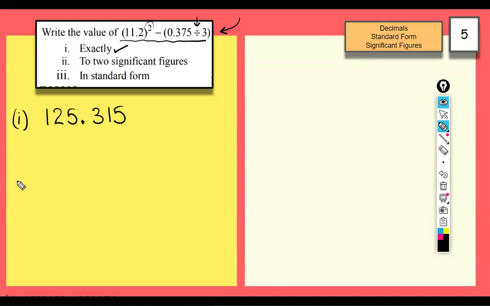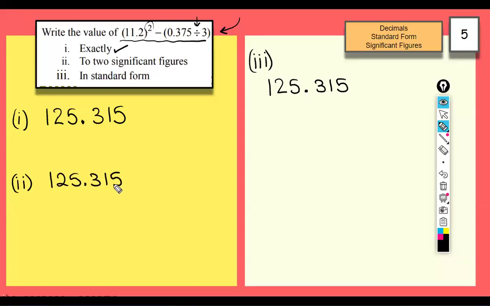So good luck with two significant figures and whatnot, right?